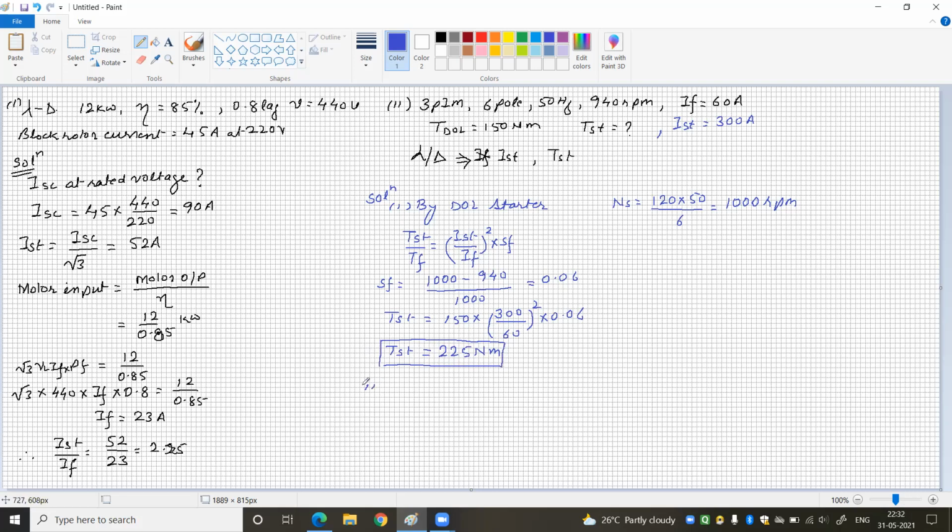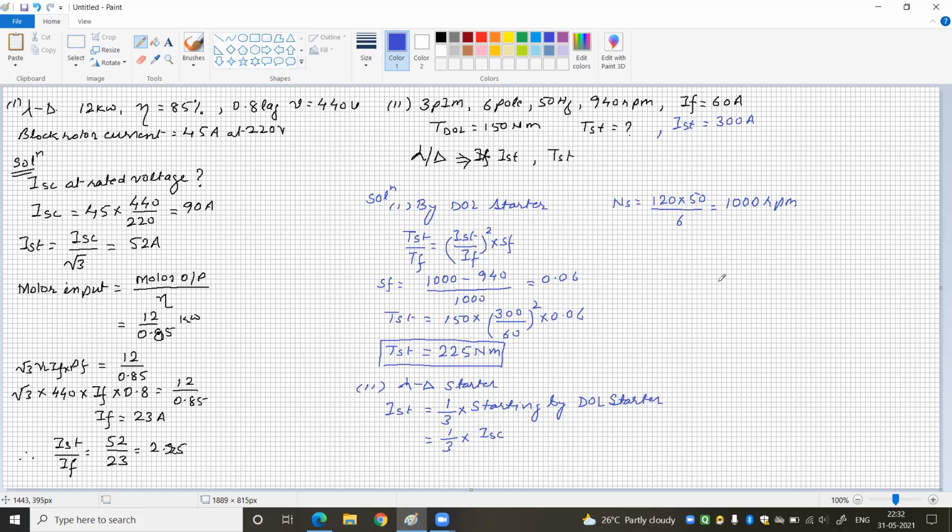Now the second part, when the same motor is started by star delta starter. So under such condition, the starting current is equal to 1/3 multiplied by the starting current by DOL starter, or we may write it as 1/3 into ISC, the short circuit current of the three-phase induction motor.